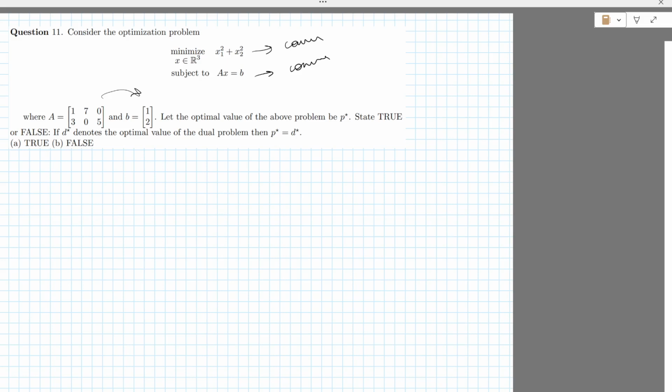We can see it is full row rank. We can't get another row by a linear combination of the other row, because there is 0 and 7, 0, 5.